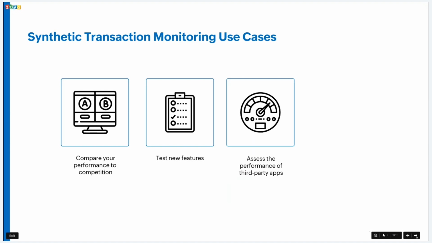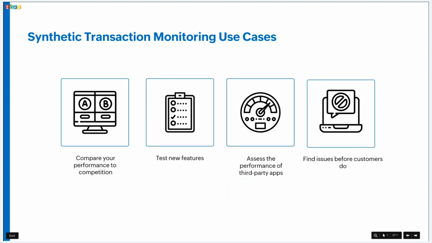Synthetic transaction monitoring can greatly assist in monitoring your third-party applications while also alerting you to potential or real performance degradations and downtime impacts. This will also help tremendously in providing line of sight on your service level agreements in order to hold the third-party vendors accountable.